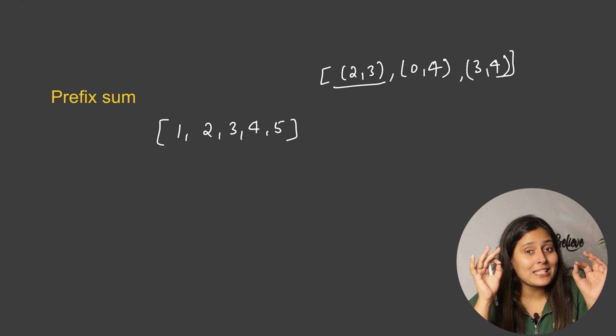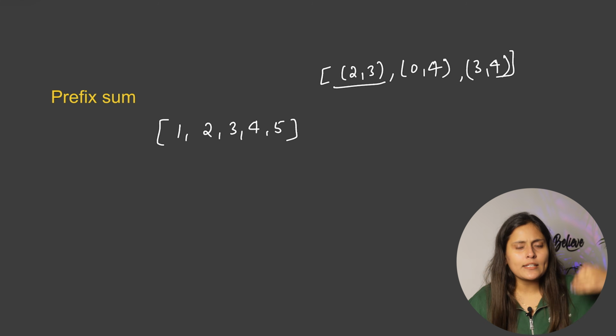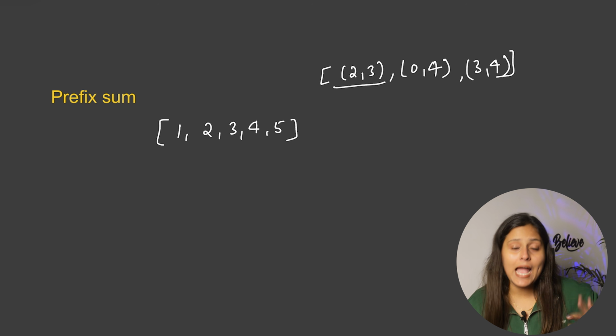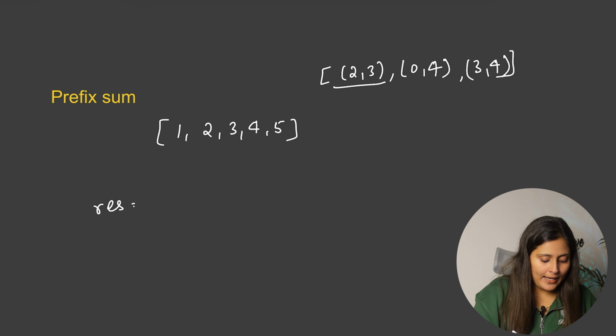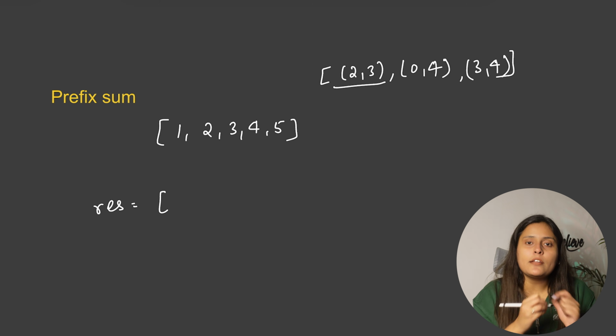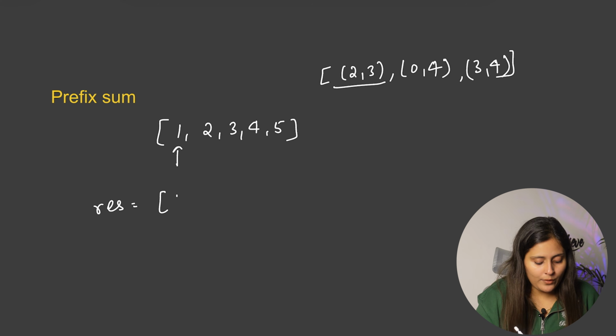And that's where prefix sum comes into the picture. It says, do one thing: calculate the summation of continuous subarrays and store it in some resultant array. We will create a resultant array and save the continuous summation till that index. So this is i equal to 0. Till here, what is the summation? Only 1.